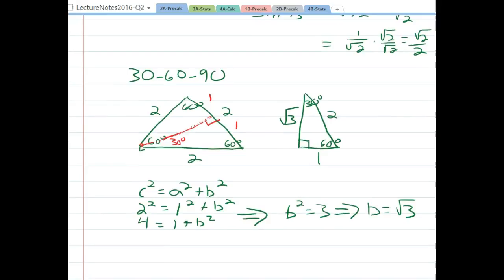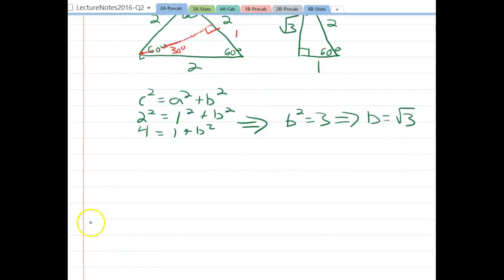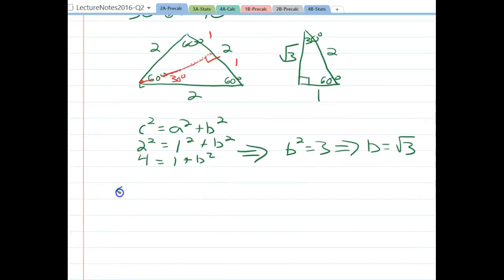What I can do now is just like I did before. I could write, if I wanted to, and I do, I'm going to write 6 trig functions. And I'm going to write them for 60 degrees. So the sine of 60 degrees is going to be the ratio of the opposite side over the hypotenuse. So across from 60 is square root of 3, and the hypotenuse is 2.